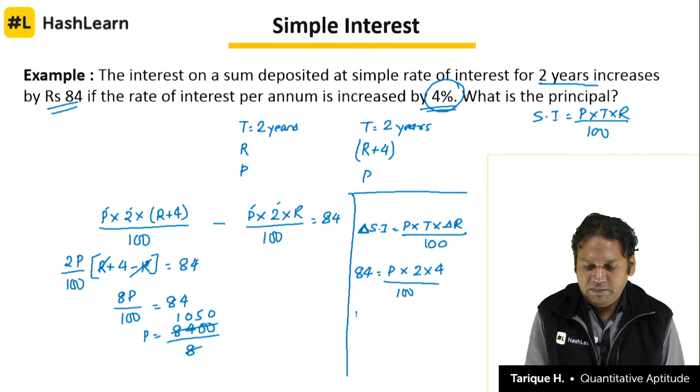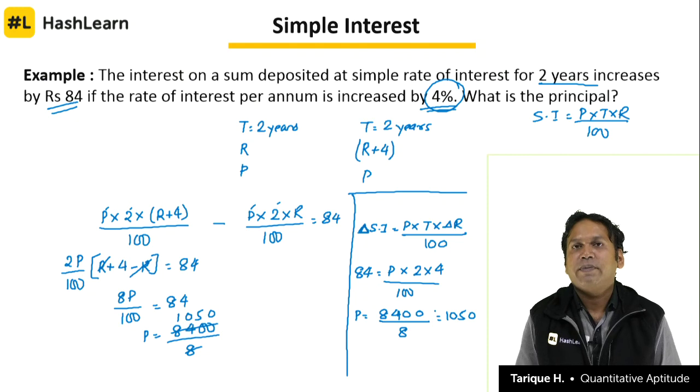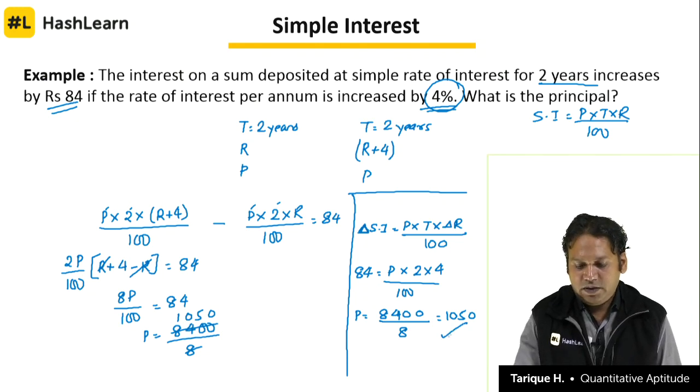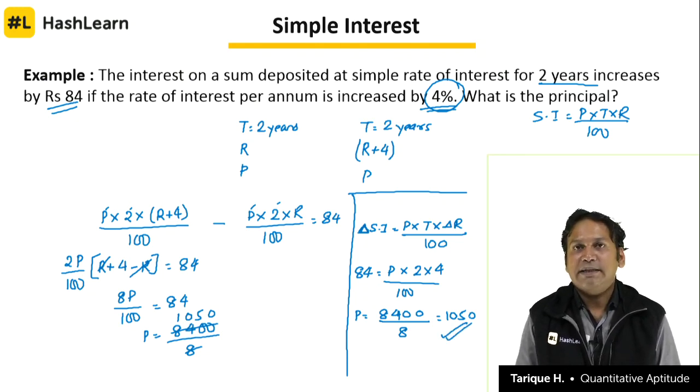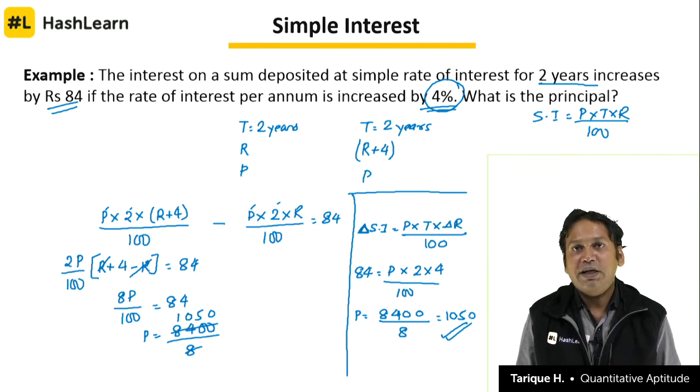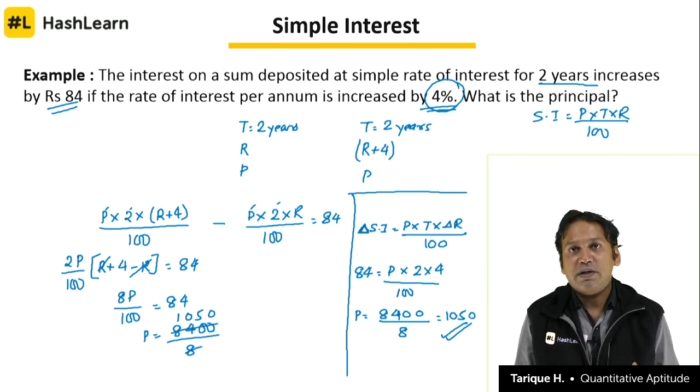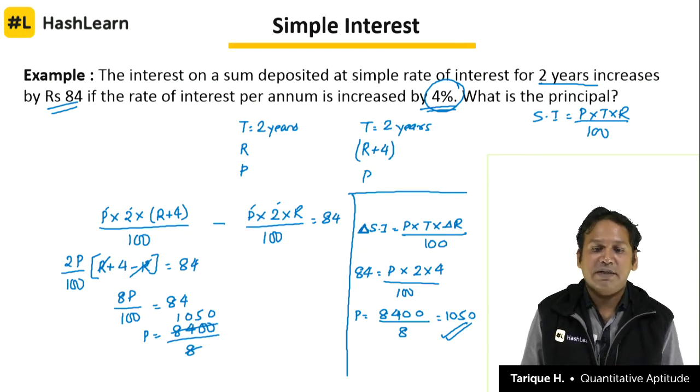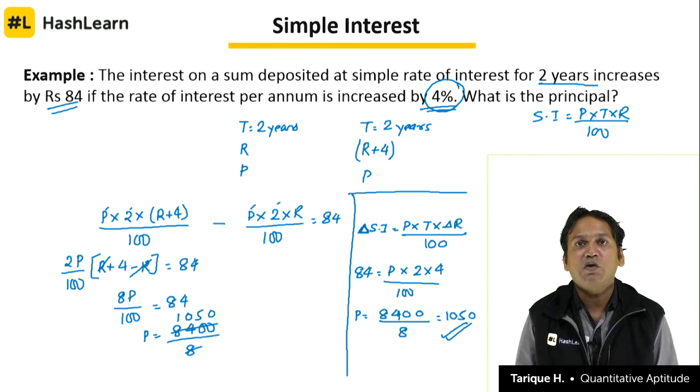So you see, directly we are getting P equal to 8400 by 8, which is 1050. Clear? So you see the benefit: less time, fewer steps, and when you have fewer steps, less calculation, your accuracy will also improve, because remember that in exams we have minus 1/4 for each wrong question. इसलिए हर क्वेश्चन का आप डायरेक्ट फॉर्मूला नोट करिए, example पर उसको बेसिक तरीके से समझिए, इसलिए मैंने हर क्वेश्चन को दोनों तरीके से सॉल्व किया है.